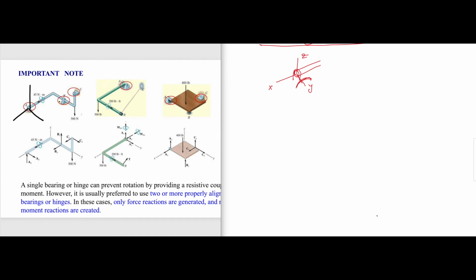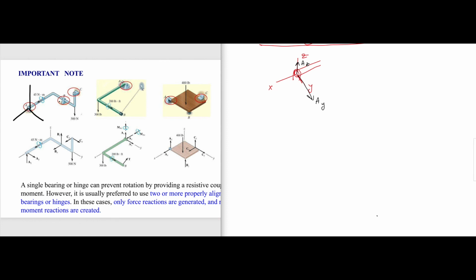So there is a reaction in y, or at A, I'm going to just say Ay, and there is an Az. Now, if you observe the free body diagram, there is no moment reaction given. Why? That is something that I'm going to discuss now.